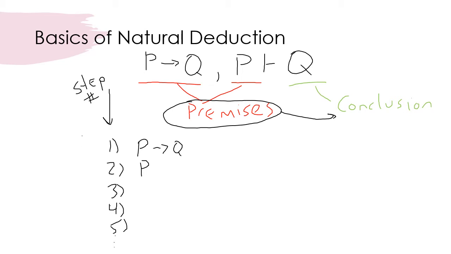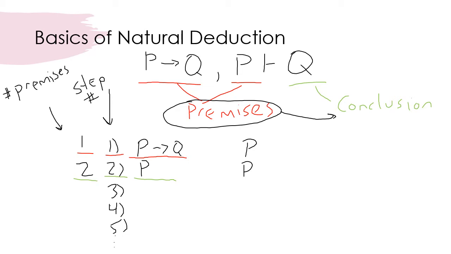What we'll see over here are premises. So these are numbers that are associated with specific premises. This premise is on line 1, so it gets signified as 1. This premise is on line 2, so it gets signified with 2. What we'll see as we do proofs on the later slides is that your premise numbers will show up in this column all the way down.